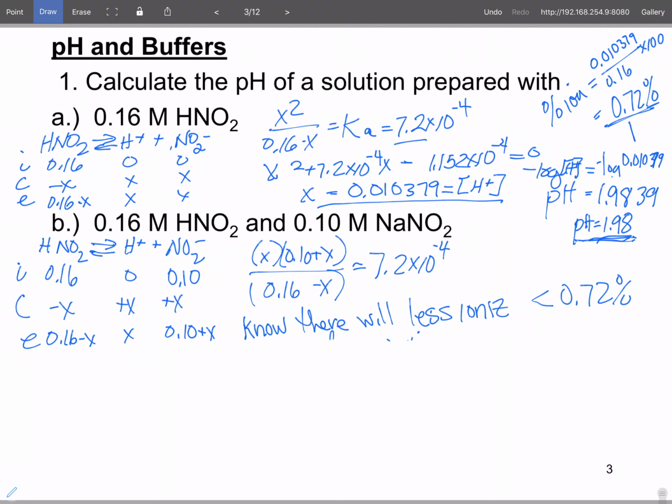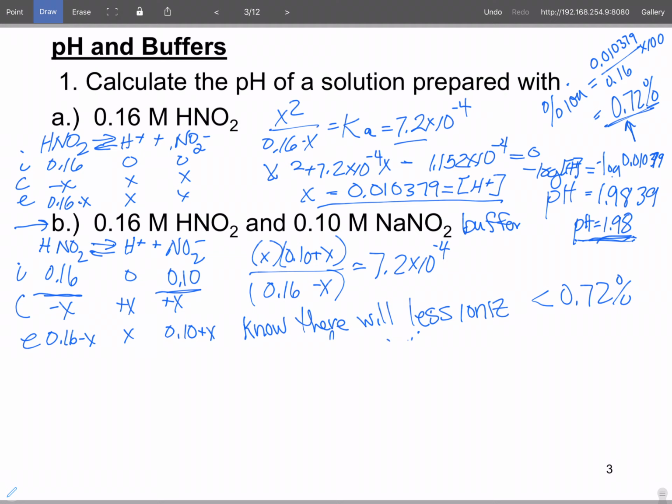Now, looking at the percent ionization, and we didn't ask for that, but a lot of times you can look and see what is happening based upon the percent ionization. So it's there. Well, that means when we go to part B, where we have the common ion, so this is the buffer, we have both HNO2 and we have NO2 minus.